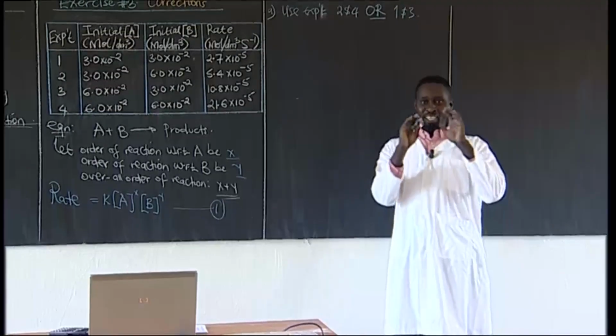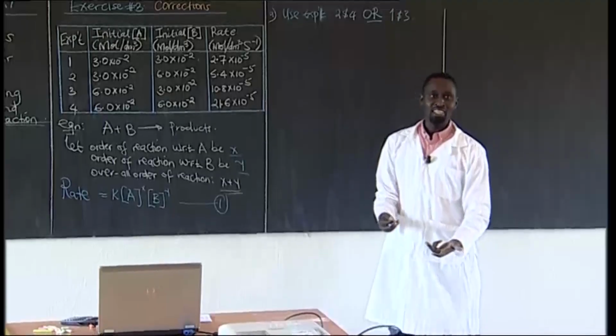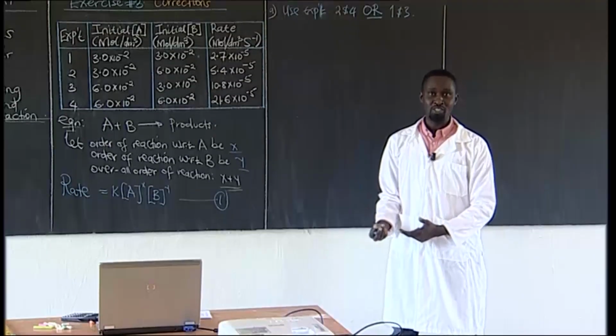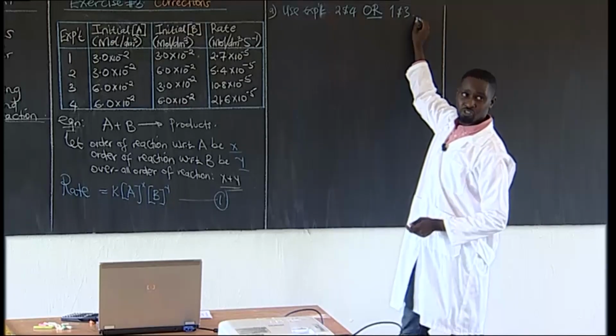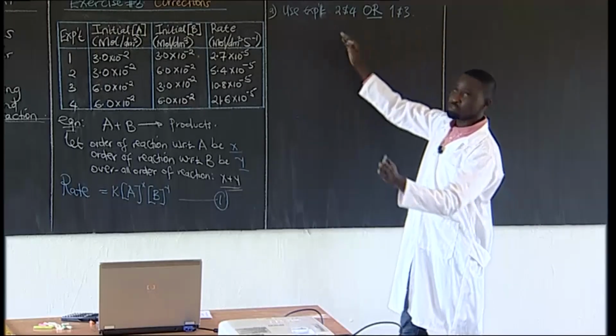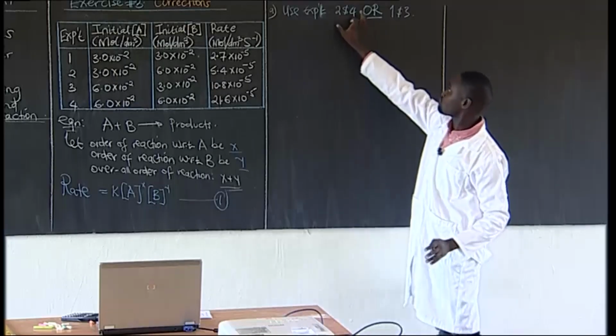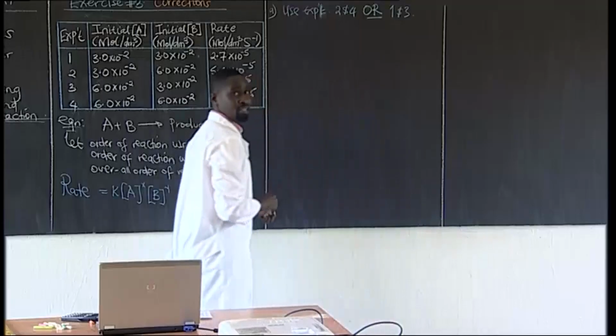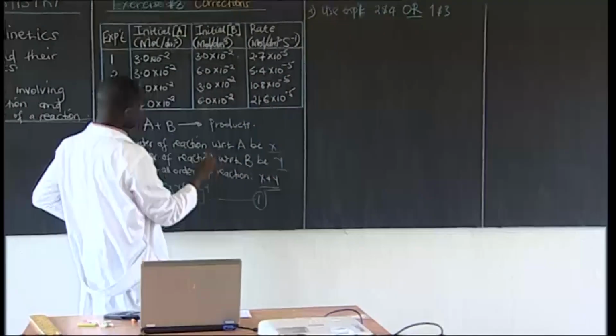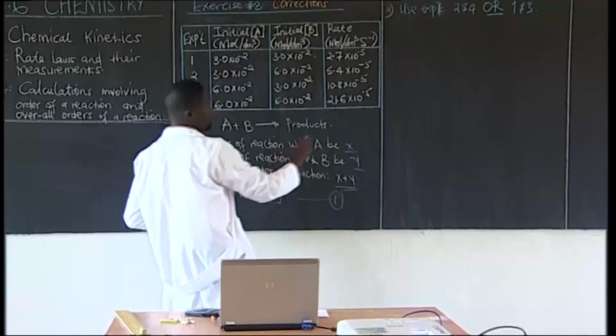If you have a friend and you're attending this lesson together, let one use this and another use this. If you're two or three people, you pair up and one uses this and another uses that. Me, I'm going to use 2 and 4. Let's substitute these values in our rate.